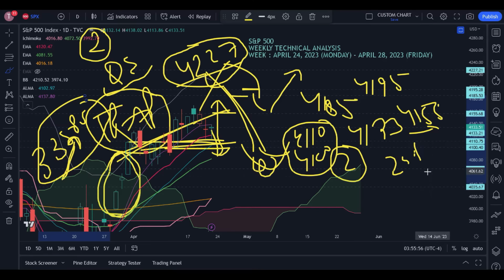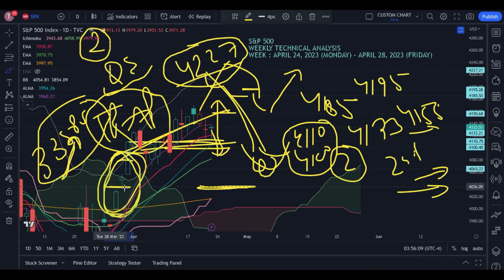Anyways, then we have 4065, again a very good support. Then we have the zone of 4035. Last time, because of heavy manipulation, they were able to breach the zone of 4035, although earlier the S&P 500 had failed back to back to clear it, right? After the zone of 4035 comes 4000, or to be very specific, 4002 or simply 4000.